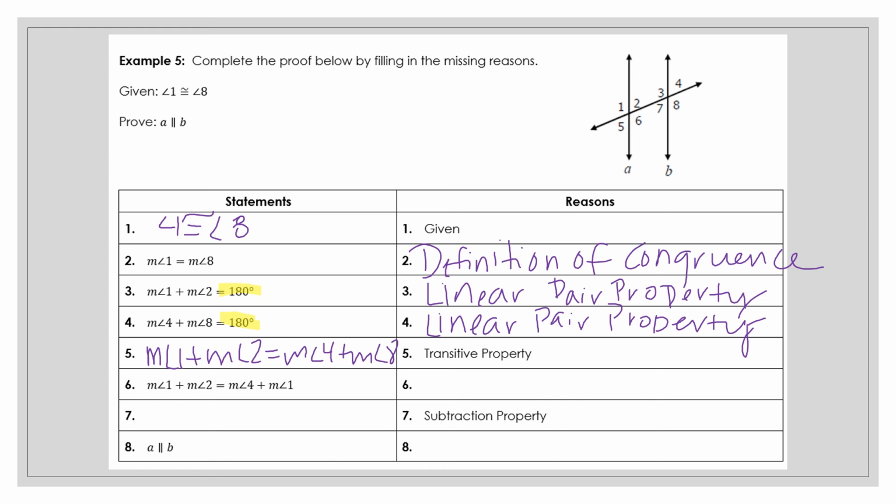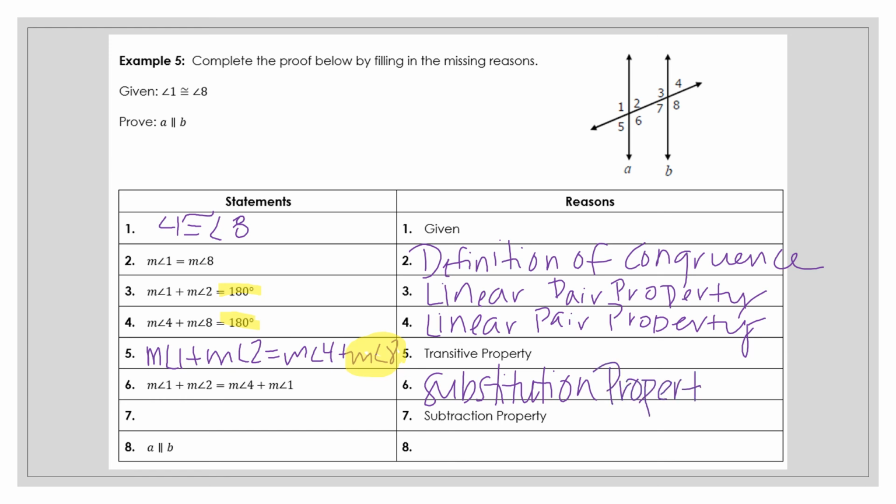It doesn't matter which one, with the other. Don't replace both. Either take one out and replace it with the measure of angle 8, or take the measure of angle 8 out and replace it with the measure of angle 1, which if you look at statement 6, you can see that that's what I did. I took the measure of angle 8 out and I substituted it with the measure of angle 1. So replaced it or substituted it.